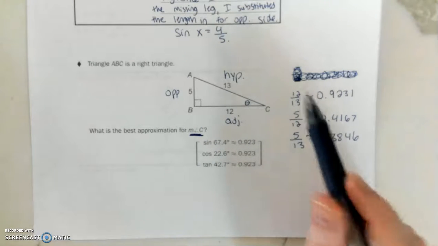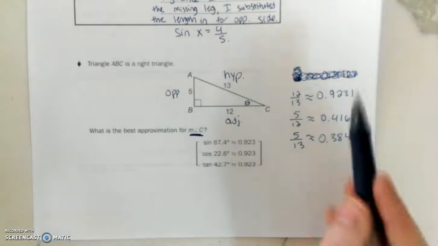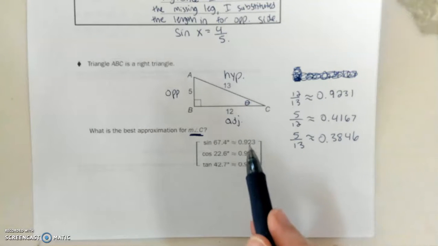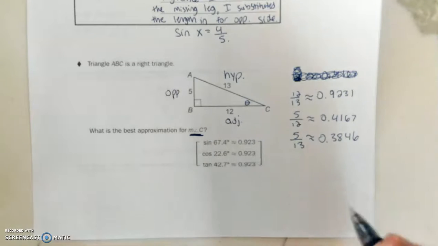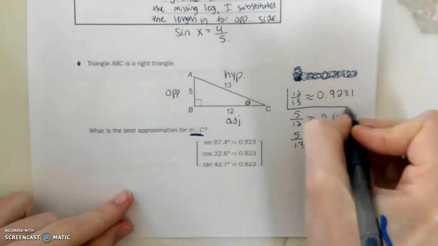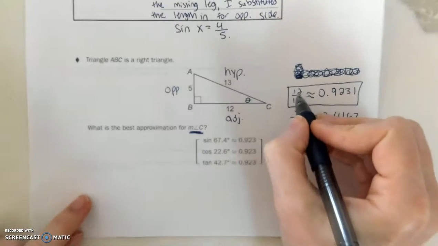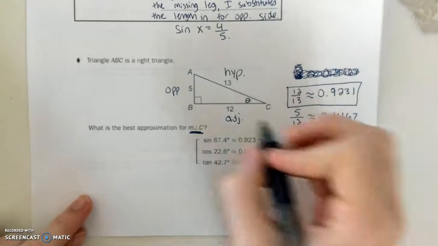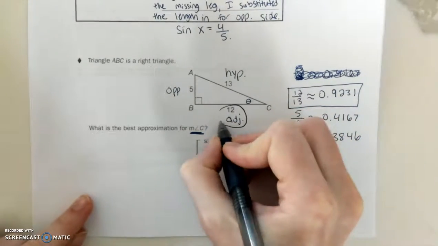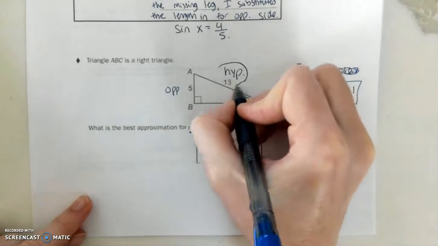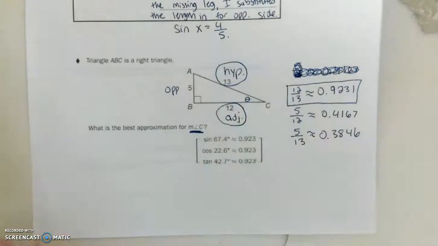That's why I did the equal sign is squiggly, because it's an approximation, right? Okay, so looking at these, now that I've done that, what do you notice about my possibilities and what they have written for us right here? All of these are equal to 0.923. Same as this, right? So we used 12 over 13 to get 0.923. The side that's the length of 12 is the adjacent side. And the hypotenuse is the 13.